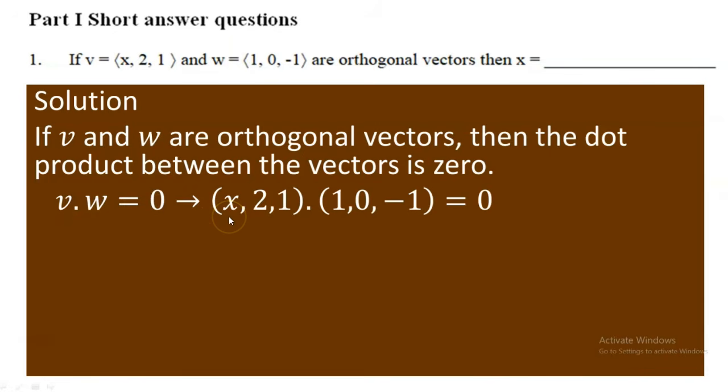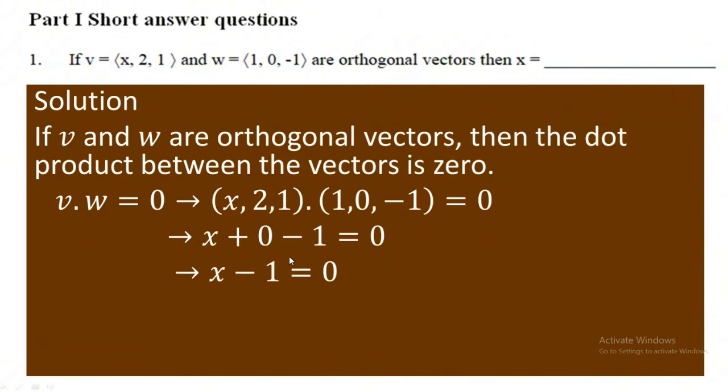So your vector v is a vector with components x, 2, 1, and your vector w is a vector with components 1, 0, minus 1. So as you are performing the dot product between the two, x times 1 is x, 2 times 0 is 0, and 1 times minus 1 is minus 1. So this equation must be equated with 0. As you see, x times 1 is x, 2 times 0 is 0, 1 times minus 1 is minus 1 equals 0.